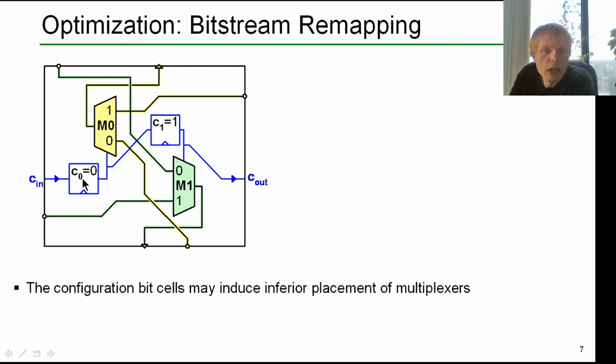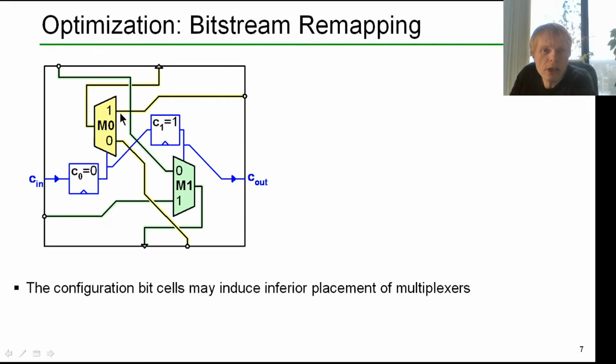So here the tool tries to use a short connection, also of course to get congestion down, between this configuration cell and the multiplexer it controls. And that may result in an inferior placement.